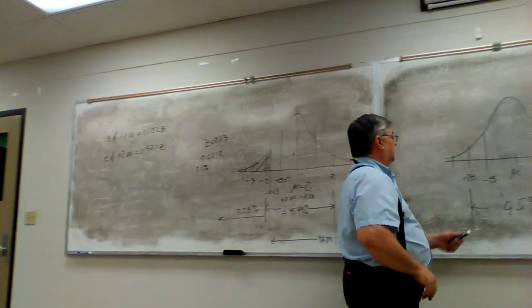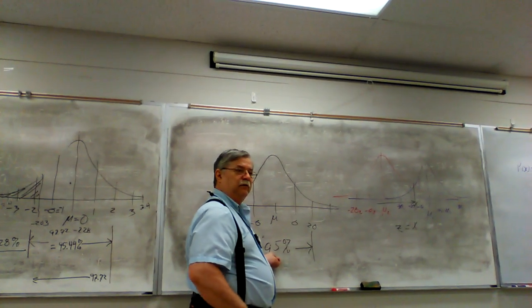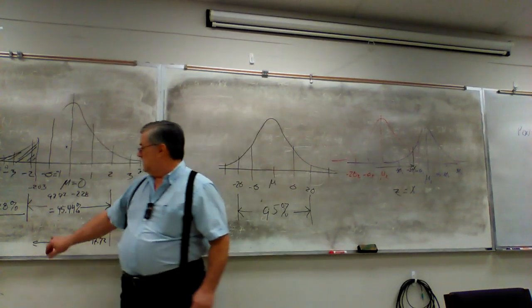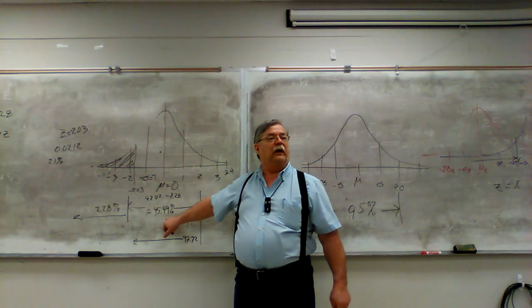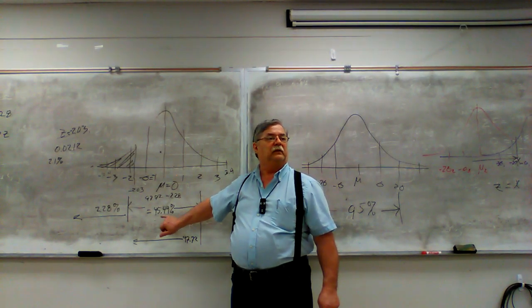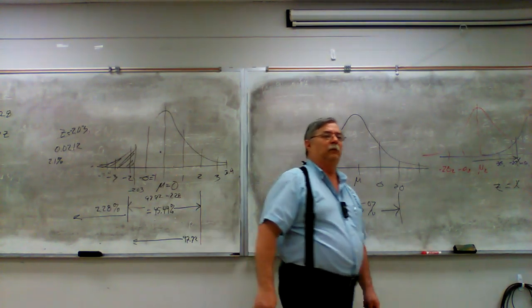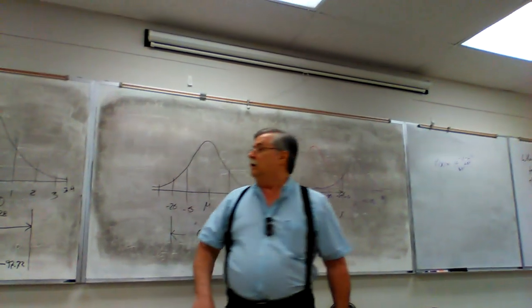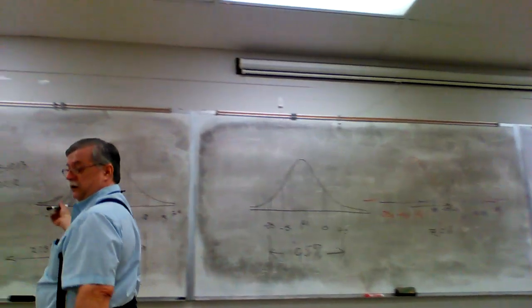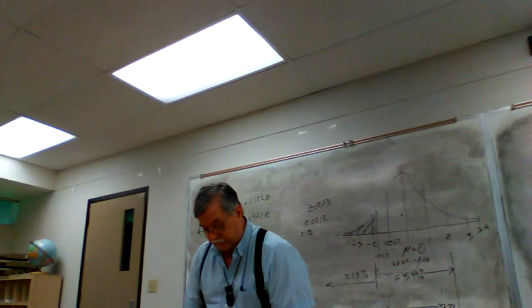Remember a while ago we said that everything between here is about 95%? Well, that's a more accurate, more precise number of what that is. Look at what about plus and minus 3?